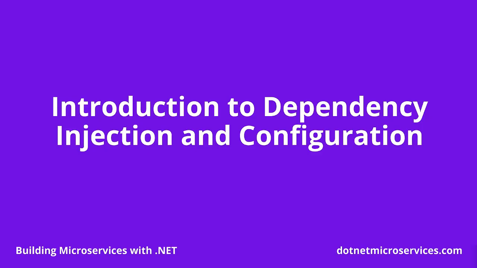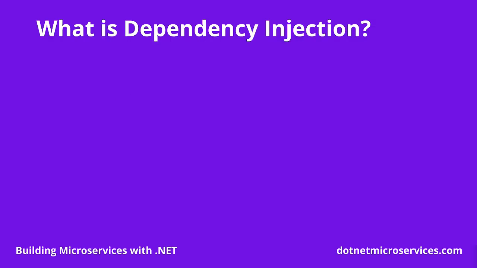In this lesson, we will learn about the dependency injection technique and the .NET configuration system. What is dependency injection? To understand what dependency injection is, we can start by thinking about a class that uses some other class. For instance, our items controller uses the items repository.